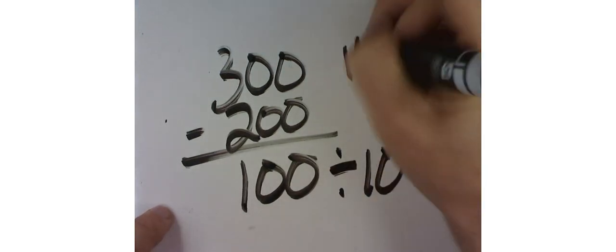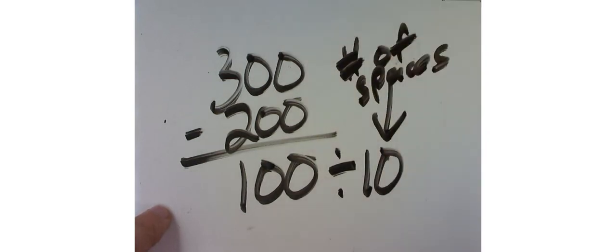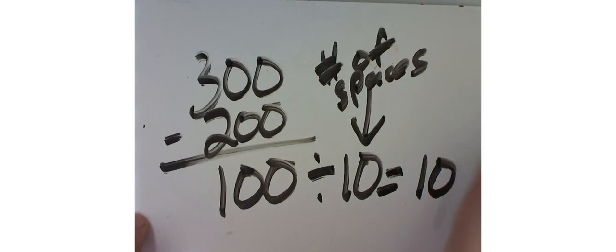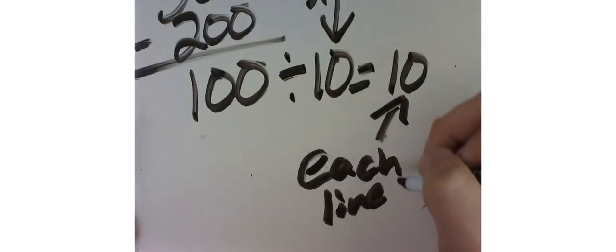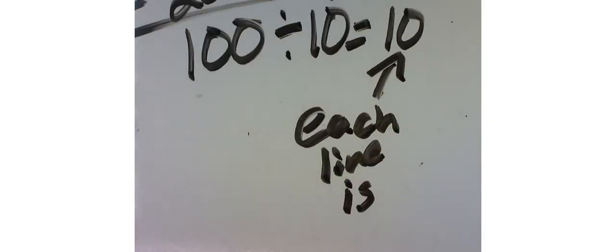So we're going to divide our 100 by 10 because that's what we have to spread it across. And we do 100 divided by 10, we get 10. So each line is 10. Okay, so it goes up by 10 for each line.